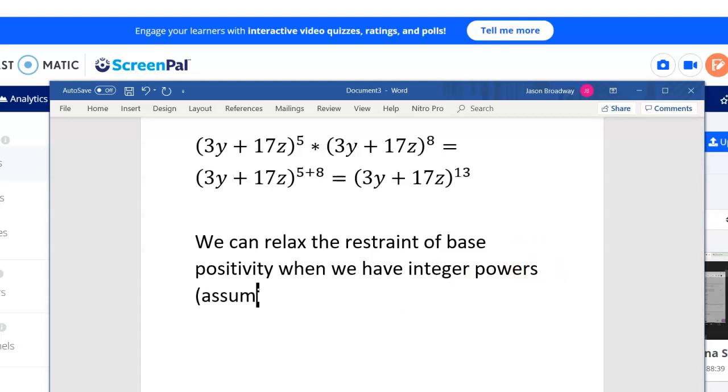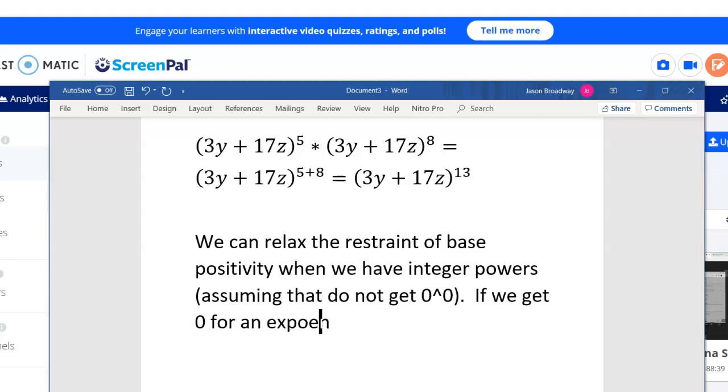And of course, I am assuming that we do not get 0 raised to the 0 power, right? I'm assuming that we stay away from 0 to the 0 power. This is getting a little theoretical, but if we get 0 for an exponent, you can have a negative base, just be sure to not get a 0 for a base.